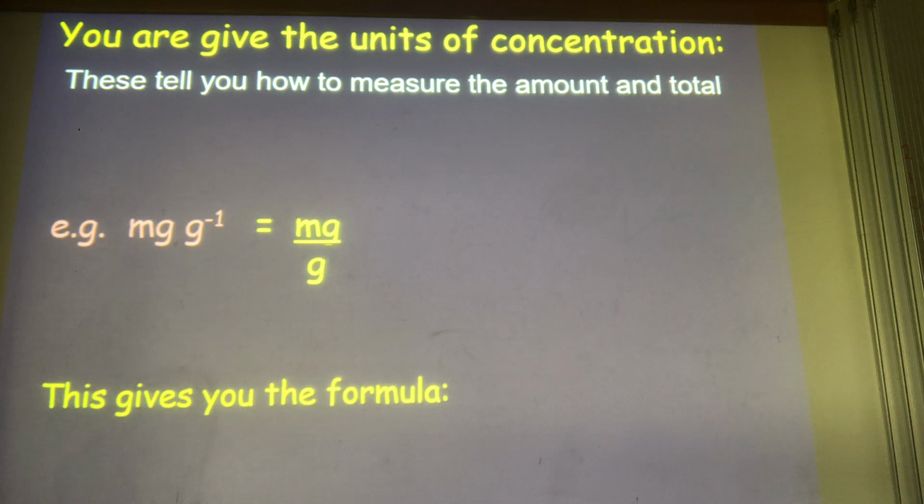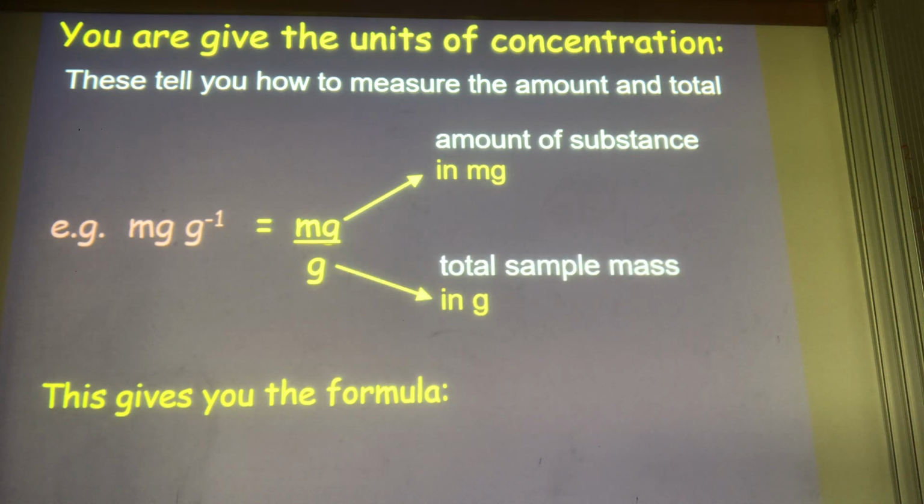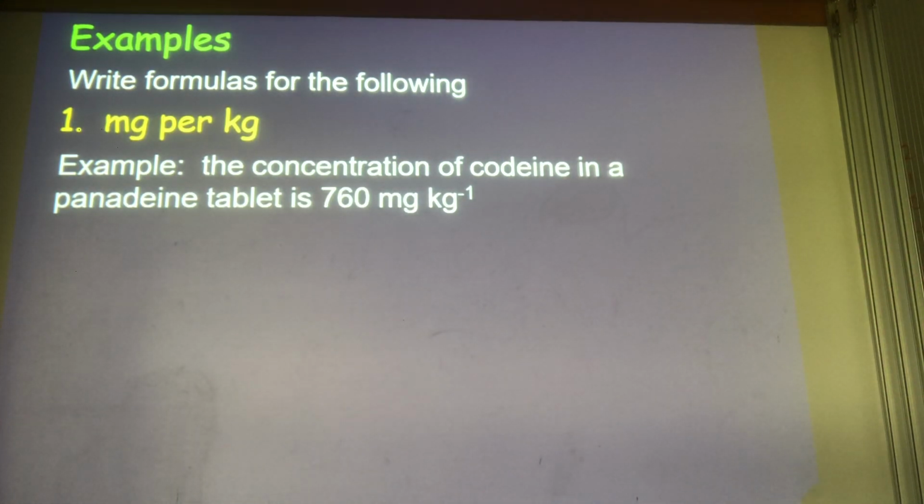So if you're told that the concentration of something is 17 milligrams per gram, then you know the formula that produces that is concentration equals milligrams of substance divided by grams of sample, total sample mass in grams. So straight away, once you see those units, you've got yourself a formula. Concentration equals milligrams of substance divided by grams of sample, all from those units. And you can do that with any units of concentration.